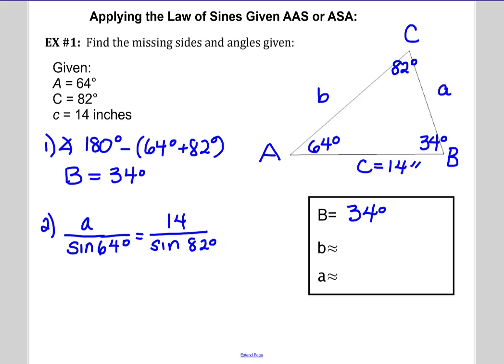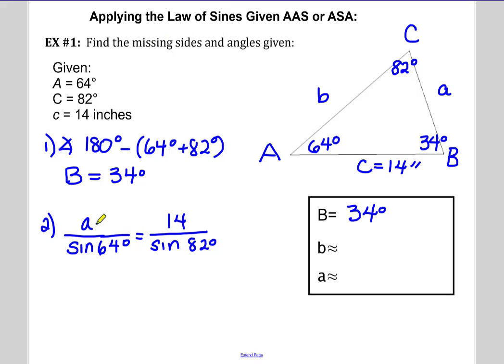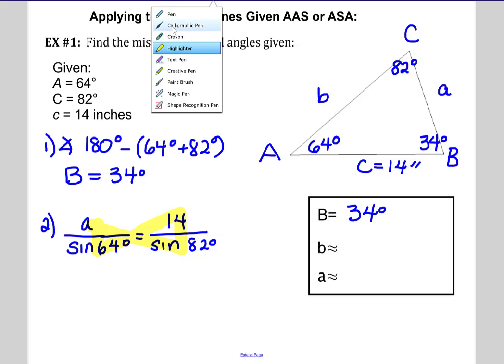If I want to find a, it makes a little butterfly, or a bow tie. This is what I want to find, and right next to it is sine of 64. I multiply by 14 and divide by sine of 82, and then I'd know the side measurement for a.